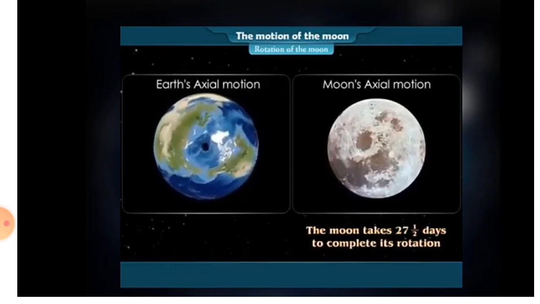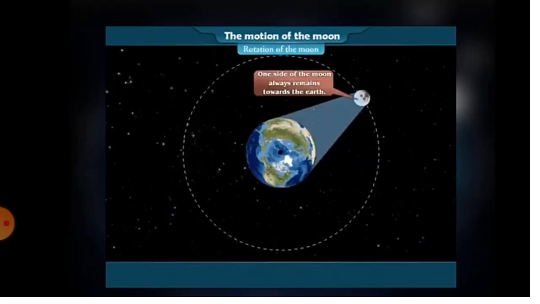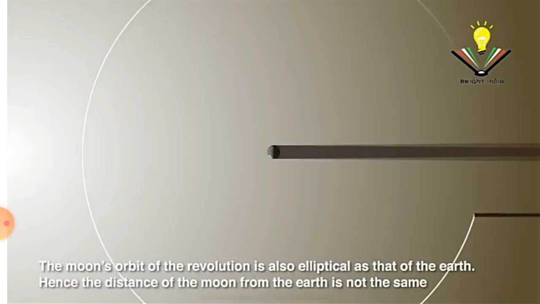Also, it takes 27.5 days to complete the revolution. That is why we constantly see one and the same side of the moon. See the screen. We constantly see one and the same side of the moon.